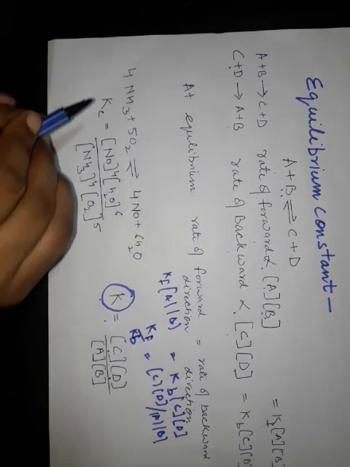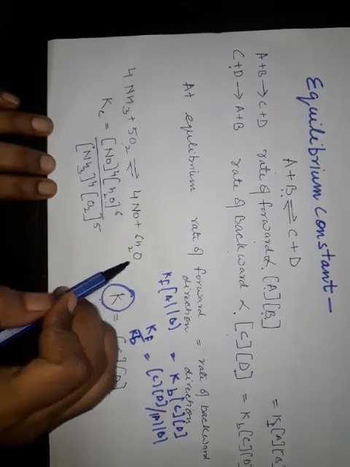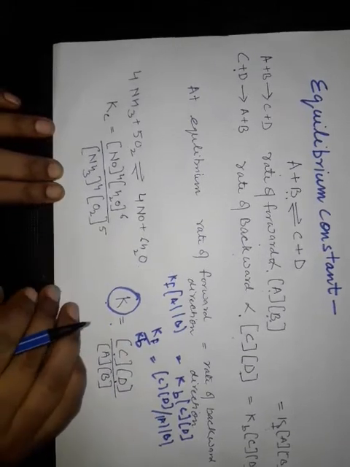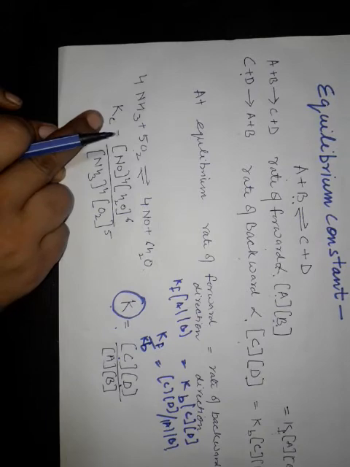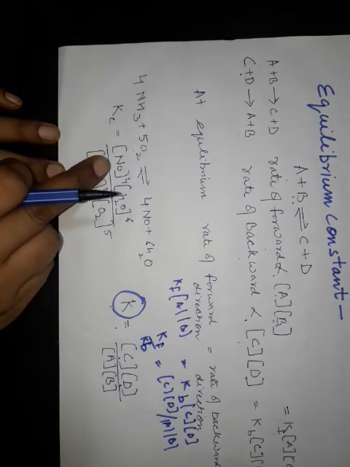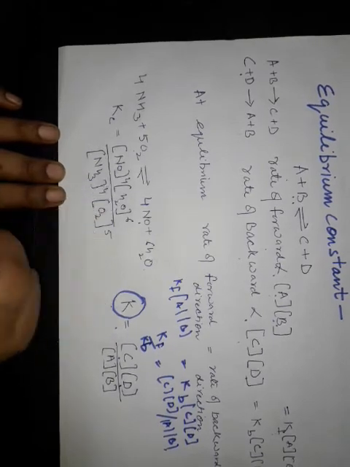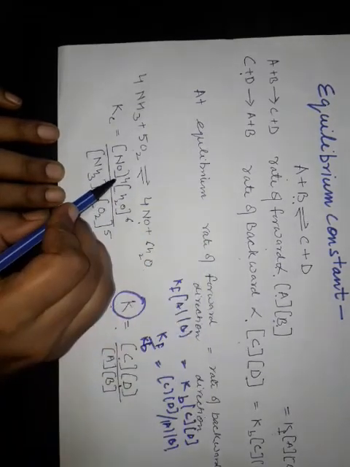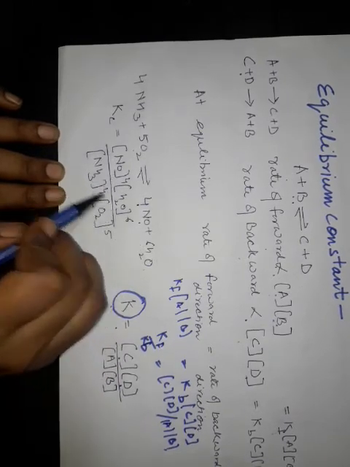Let's take the example 4NH3 plus 5O2 gives you 4NO plus 6H2O. So when we have to calculate the equilibrium constant, as we all know, the equilibrium constant is equal to the product of concentration of products, NO और water, इनकी concentration raised to the power of their stoichiometric coefficients. इसका stoichiometric coefficient 4 है, इसका 6 है. Okay.